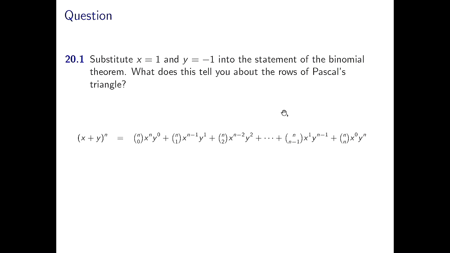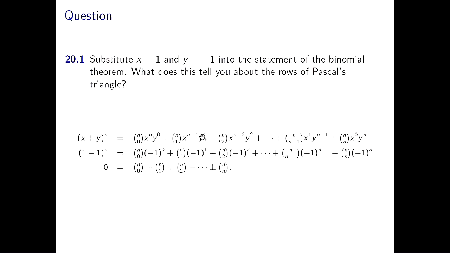So what I get is actually just my row of Pascal's triangle, but added up with the signs alternating, right? So I get the first thing in the row minus the second thing plus the third thing minus the fourth thing plus the fifth thing, and then at the end it'll be a plus or minus depending on which row I'm in, right?